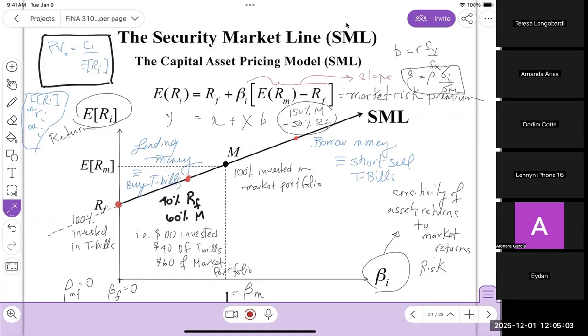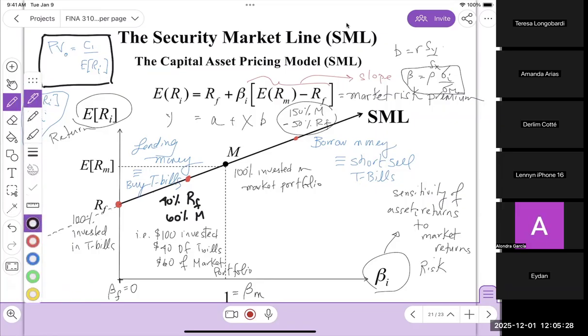So, if that's the case, then there should not be any assets off the line. The assets back here that are on the line are assets with a negative beta, right? Because this goes negative. What assets are going to have a negative beta? What does a negative beta mean?